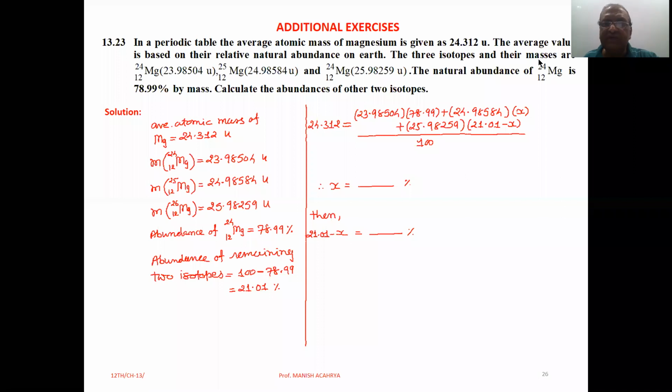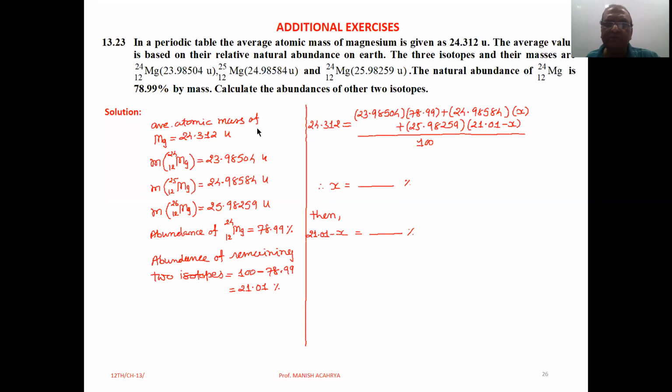The three isotopes and their masses are 12Mg24, its mass 23.98504 u, 12Mg25, mass is 24.98584 u, and 12Mg26, 25.98259 u. The natural abundance of 12Mg24 is 78.99% by mass. Then calculate the abundances of other two isotopes.